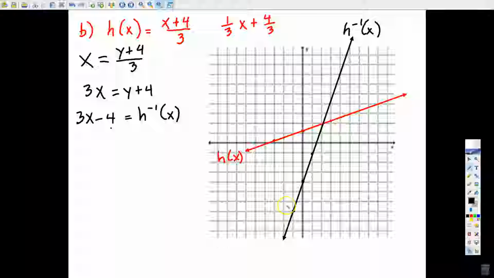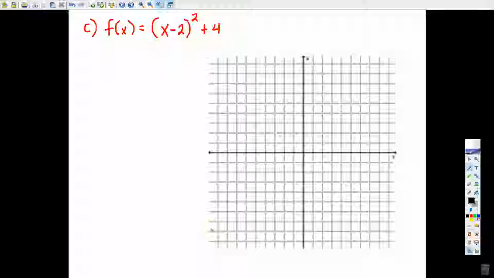Okay, any questions so far? All right, let's try this one. So once again, you can just pretend like this says y, and to come up with the inverse function, just switch places with x and y. So I'm going to make this read as x equals (y minus 2) quantity squared plus 4.